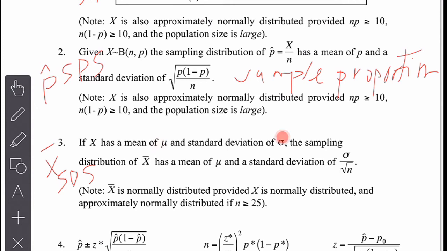And if it turns out that you're being asked about the sample mean, the mean from a sample, then this would be the mean and the standard deviation of that. And you would also know the shape. In approximation, you would know the shape of the sampling distribution as long as you knew that the original variable was normal or the sample size was big enough.